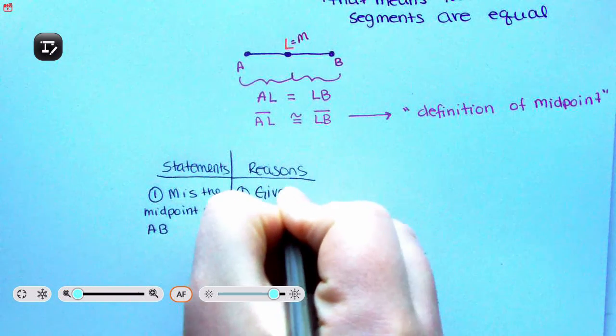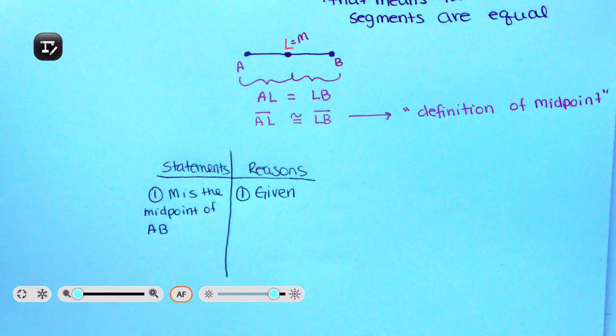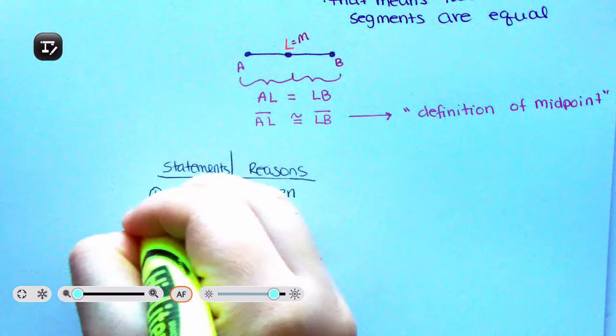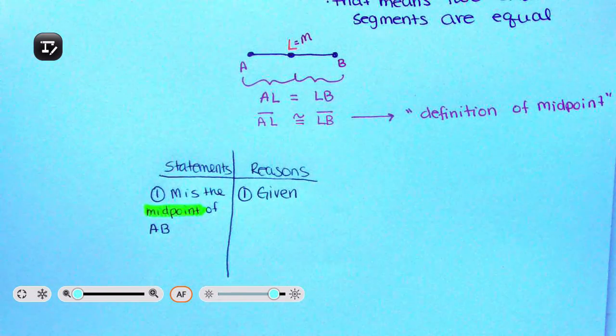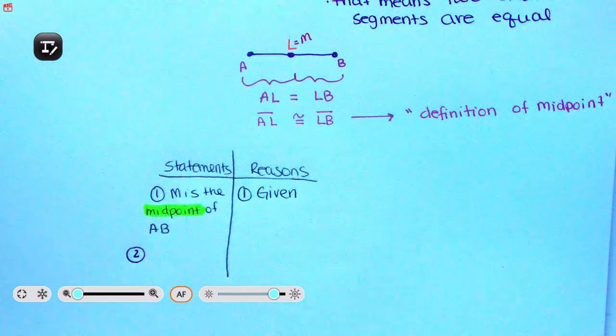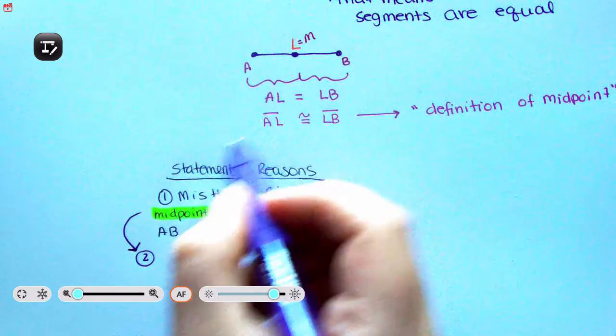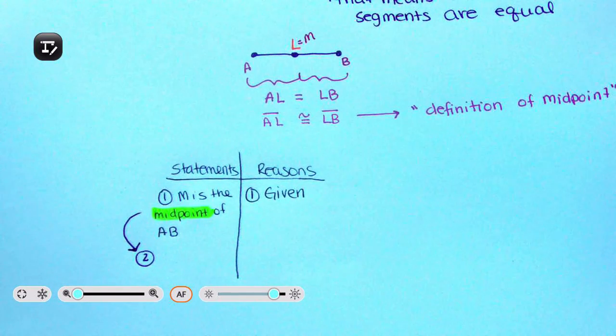It is given to us. They tell us that. So you see how you have this keyword midpoint. That means the next thing that you have to do, and again, the numbers might be different, but the next thing that you have to do is now say what came out of the midpoint.